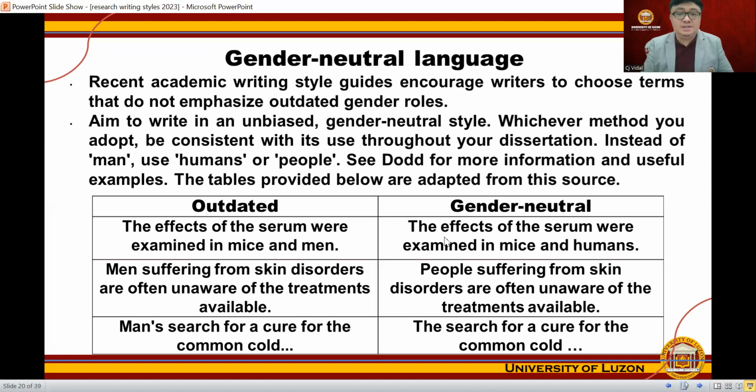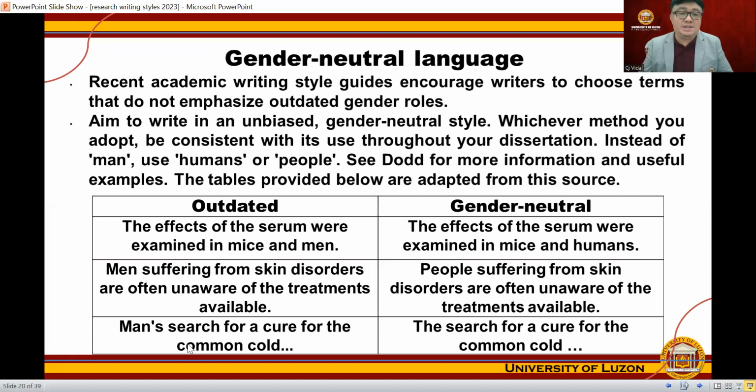For example, the effects of the serum were examined in mice and men. Instead we have it replaced with the word humans. Men suffering from skin disorders are often unaware of the treatments available. So instead of men, we use a gender neutral word, that is, people.